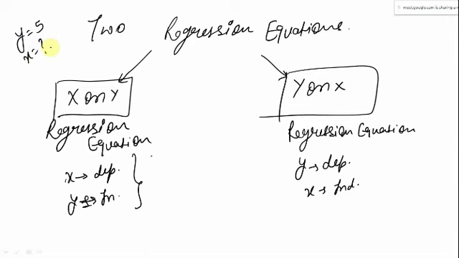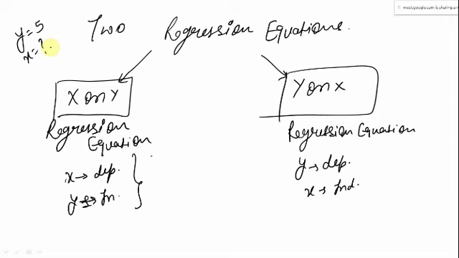X on y, sir. So, what was the question? The question is that if the value is given for y, and we need the value of x based on that value of y, then will I be using x on y regression equation or y on x regression equation?